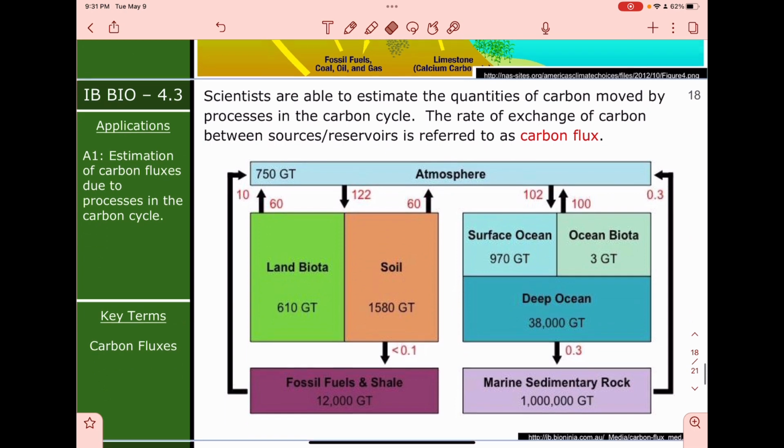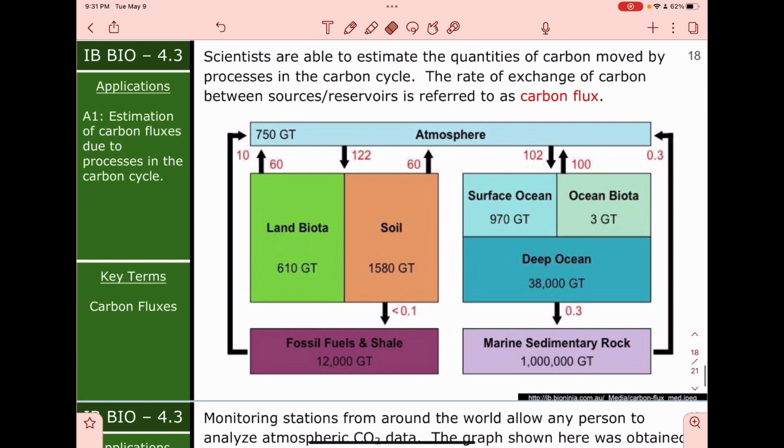So in these processes, scientists are able to estimate the carbon flux. And the carbon flux is the rate of exchange of carbon from one of these sources through one of these processes. So the arrows represent the processes and the blocks represent the sources.